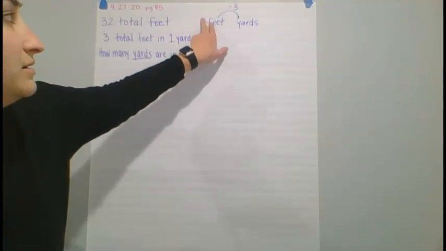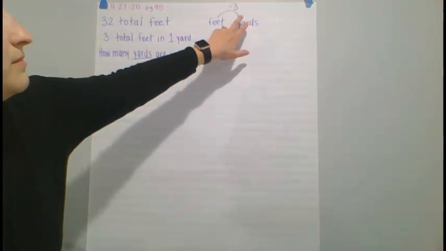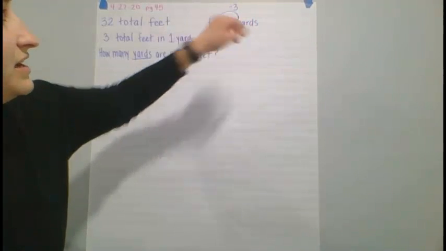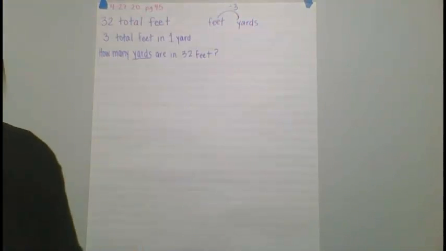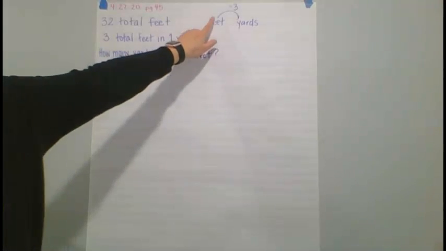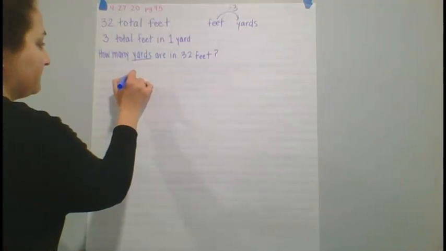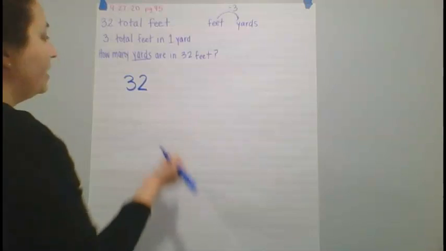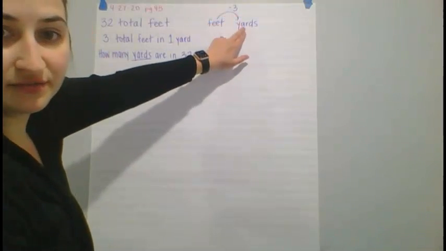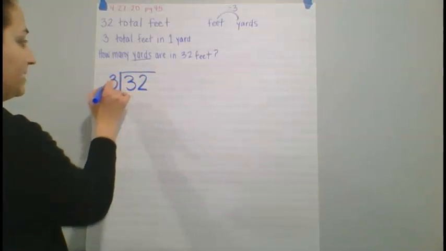So if I take my feet and I divide by 3, it's going to give me my 1 yard. So let's take a look at this problem. We want to start with our feet, which is 32. And then we're going to divide that by 3 because our chart tells us to divide this by 3.